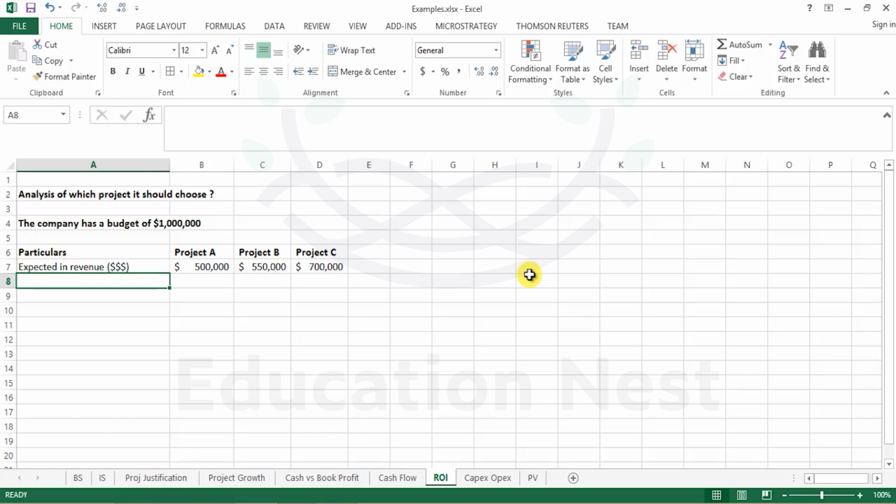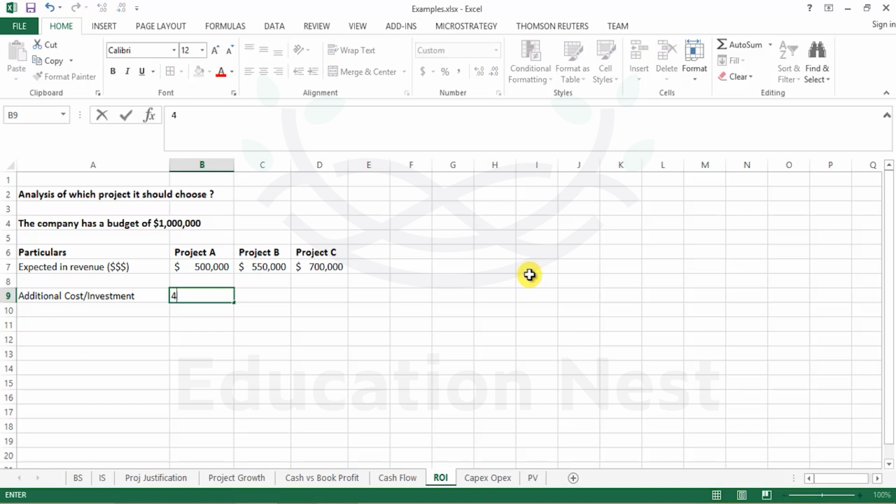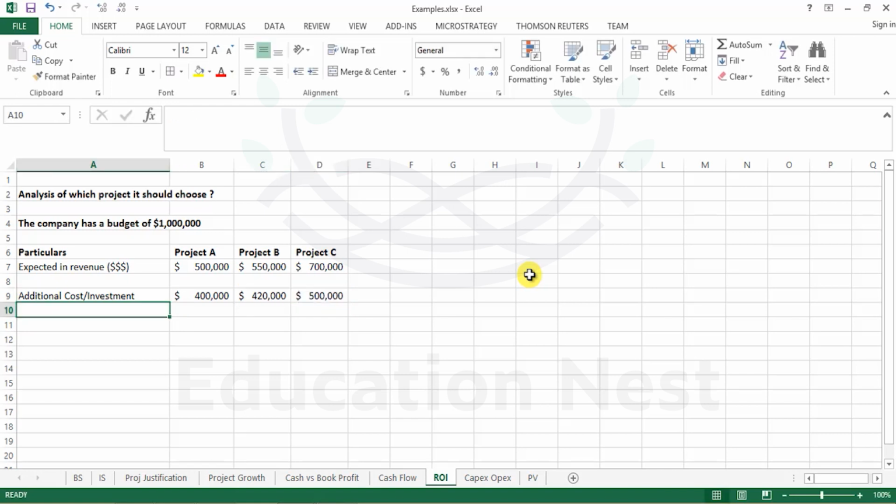Okay, for that the company obviously needs to incur some additional cost, or you can say additional investment, to undertake a project. If the company wants to go for project A, it needs to shell out an investment of $400,000. For project B, let's keep it at somewhere around $420,000. For project C, let's say it's going to be $500,000.